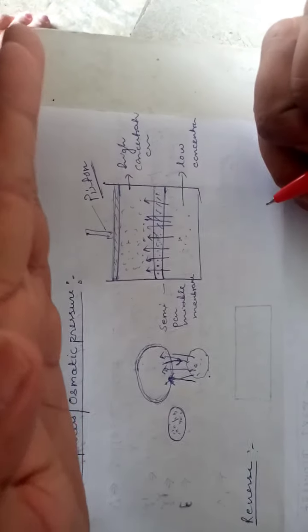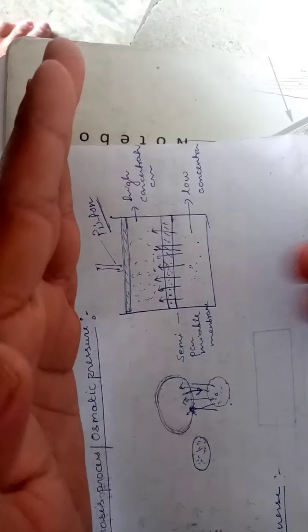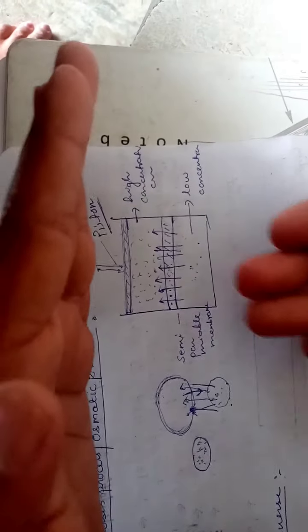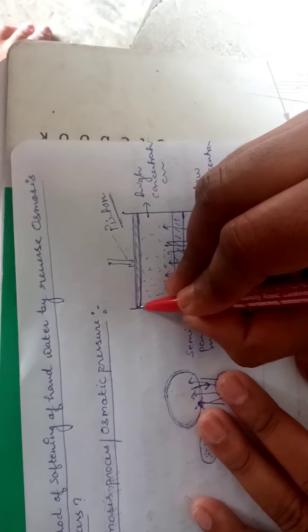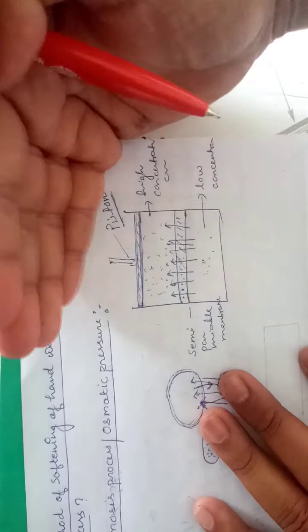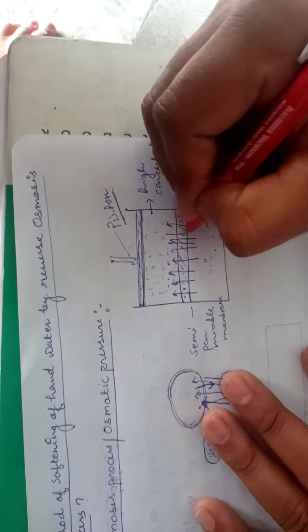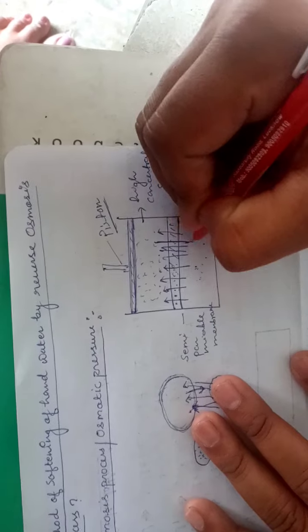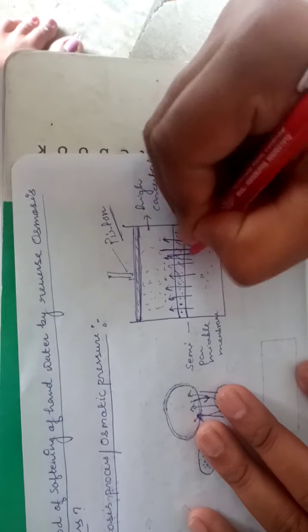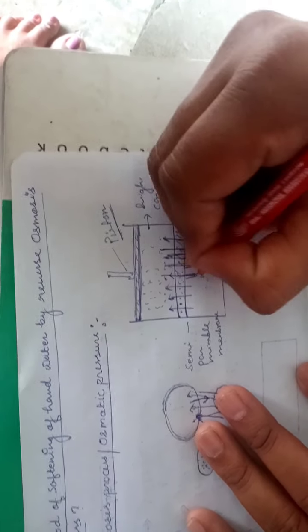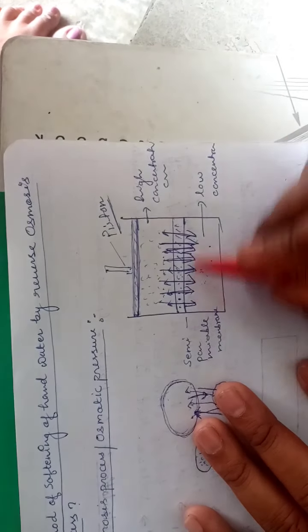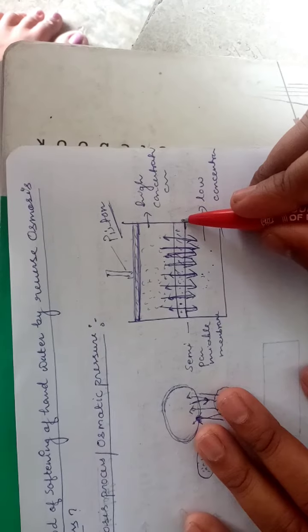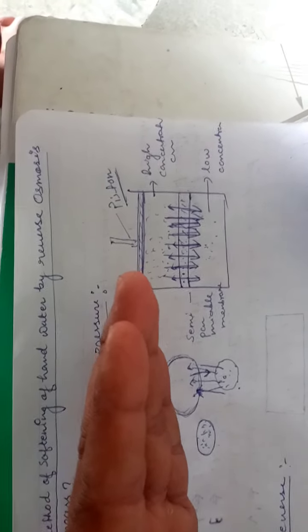So if we put a pressure greater than the osmotic pressure on the liquid, the particles of the liquid start to move from high concentration towards low concentration through a semi-permeable membrane, and this process is called the reverse osmotic process.